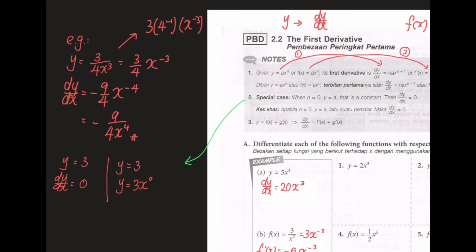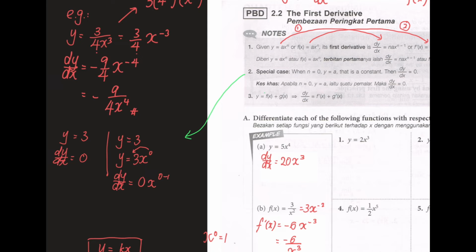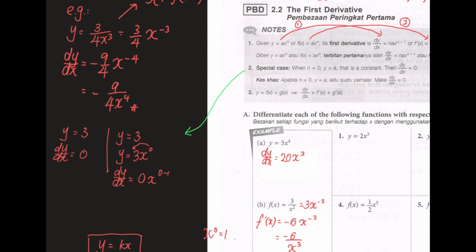Then to do differentiation, first step, power 0 shifts in front. 0 times 3 is 0. And then the power of x is supposed to be 0 minus 1, but no point either, because 0 multiplied with x to the power of whatever will end up with 0. So this is step by step.